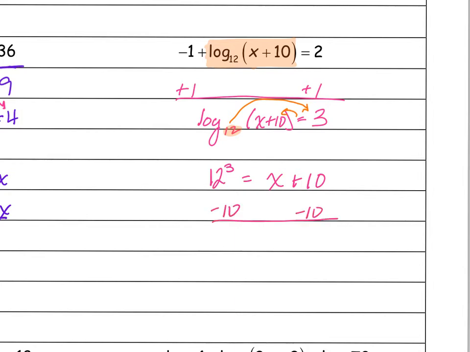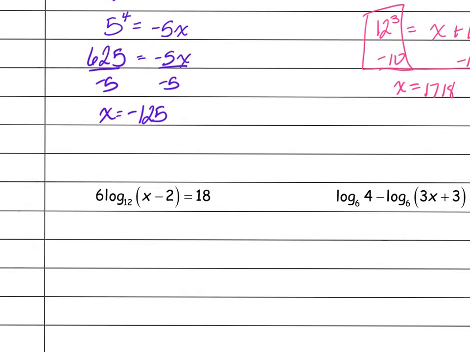So I'm just going to put that into my calculator. I'm going to do 12 to the 3rd power minus 10, and I get 1718. So that means 12 to the 3rd power should be 1728. Okay, good job, you guys.